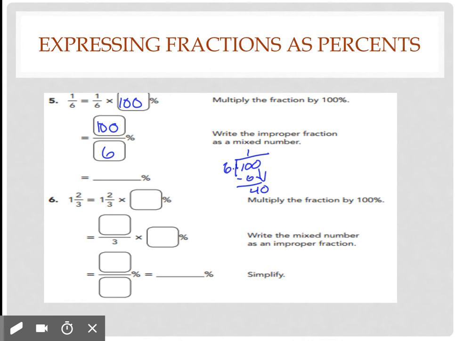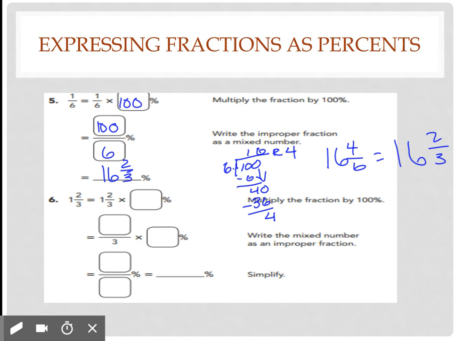And 6 goes into 40 6 times, and that's 36. Running out of space here. But so we'd have 16 remainder 4. Then that is 16 and 4/6. 4/6 can be simplified. So that would be 16 and 2/3. So 16 and 2/3% would be our answer.